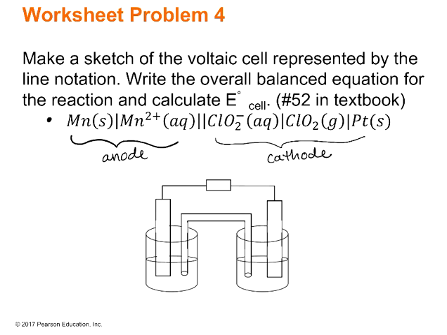And then we've got this chlorite ion, and it's losing electrons to become chlorine dioxide. And notice that neither of those states are solid, so we have to use an inert electrode, and we'll use platinum.